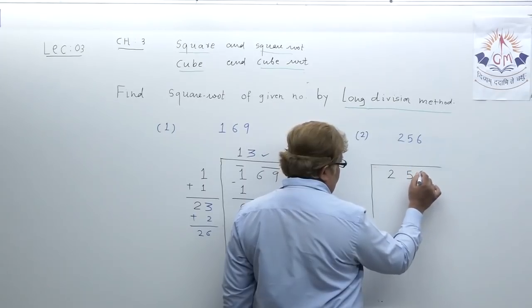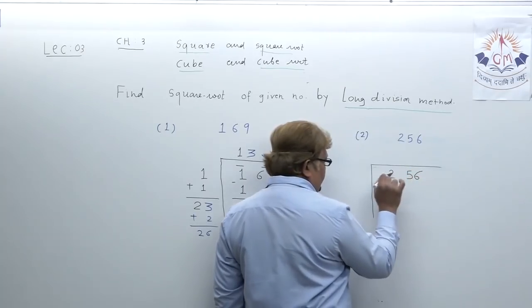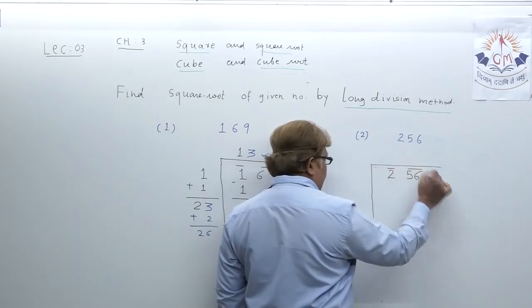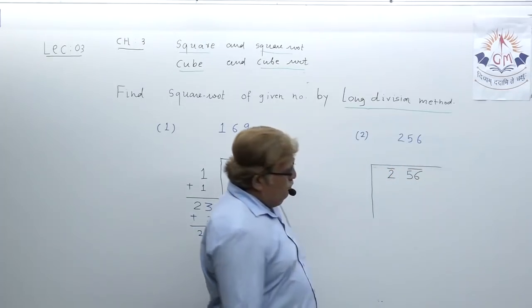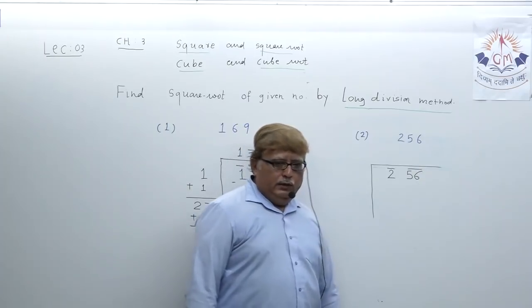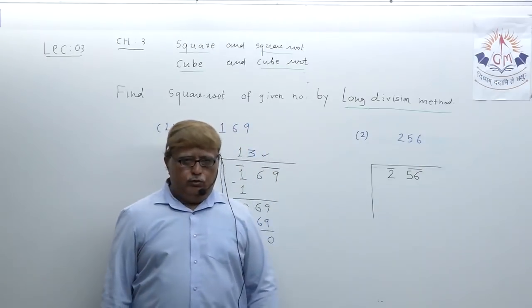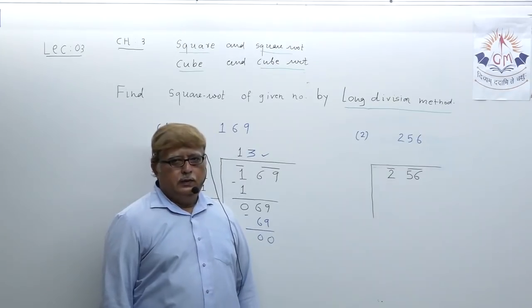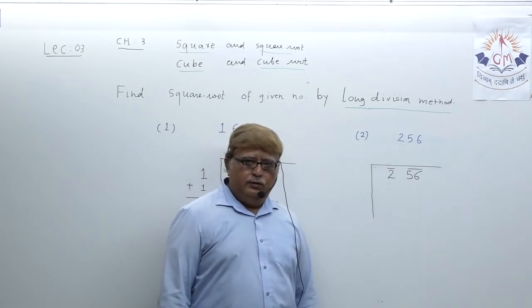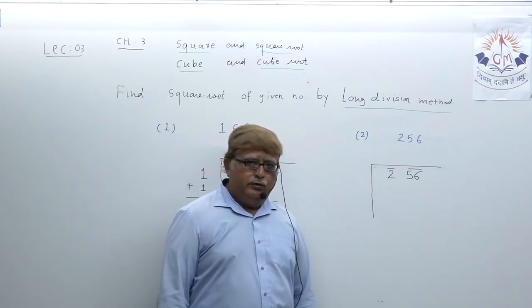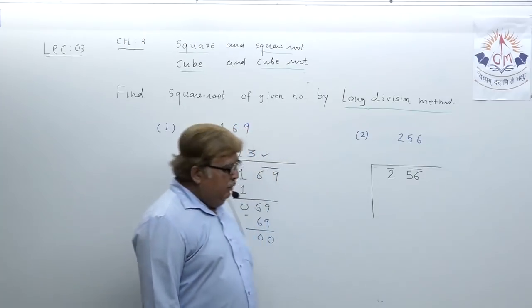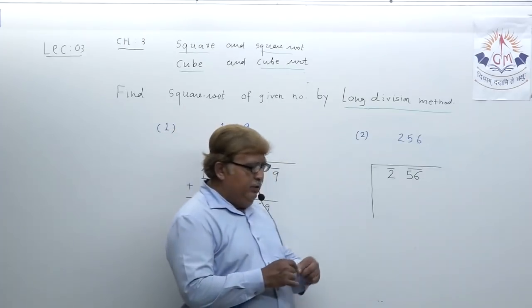Now you will understand why I am keeping the gap, because the 3-digit number is to be divided into 2 parts. First part containing 1 digit, second part containing 2 digits. Okay, 2 steps over, step number 3.